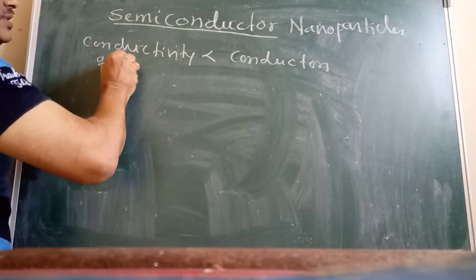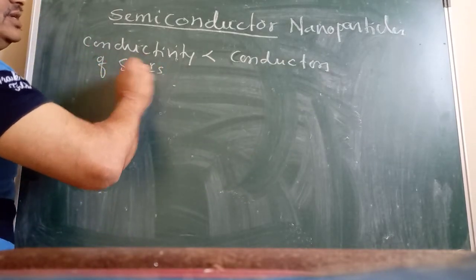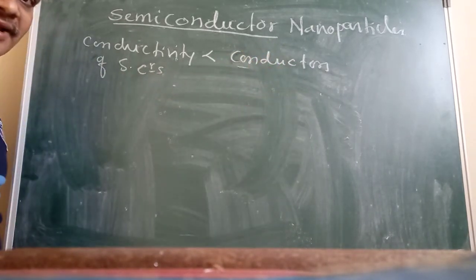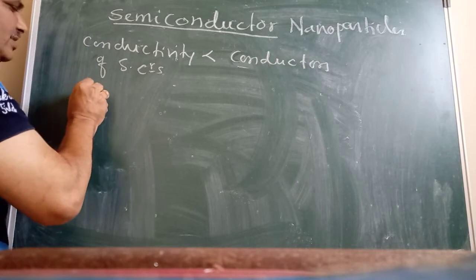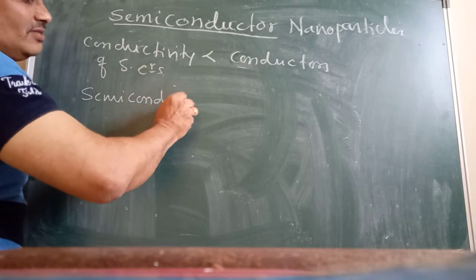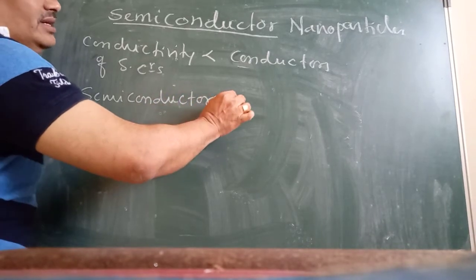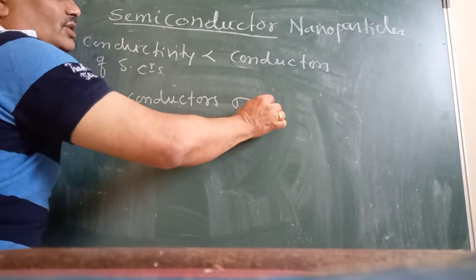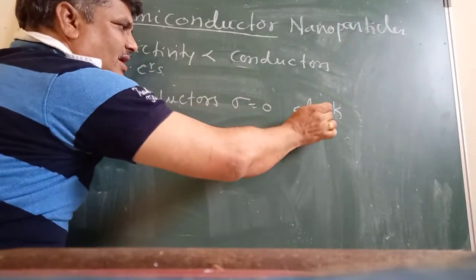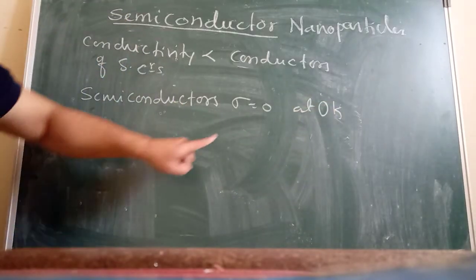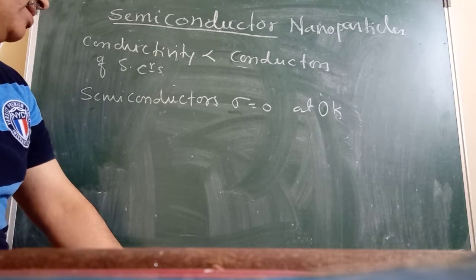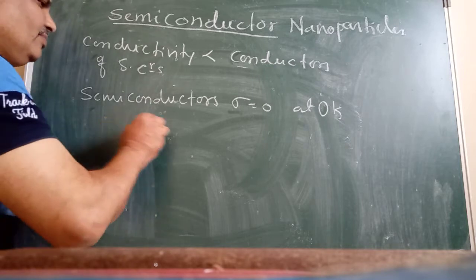The conductivity of semiconductors is less than conductors. Semiconductors have conductivity equal to 0 at 0 Kelvin, where sigma is the symbol for conductivity.